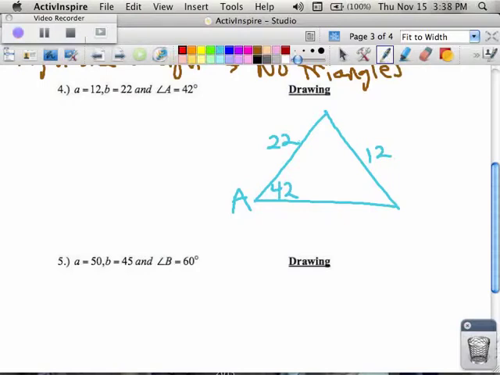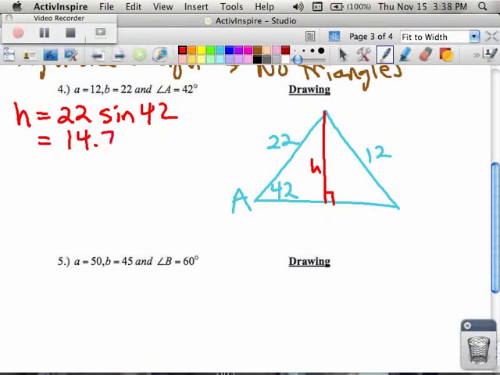Remember, we're always doing stuff in reference to our height, so I need to find this h. I know that my h is always equal to the left-hand side, which is 22, times the sine of my left angle, which is 42. If I multiply that out, I find out that my height is 14.72. You can try that on your calculators later.